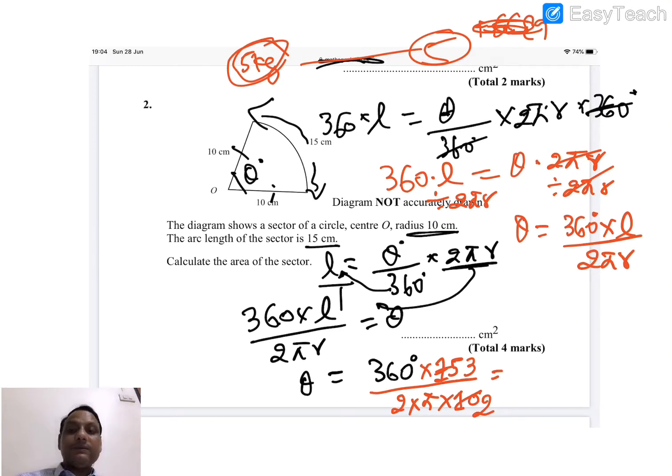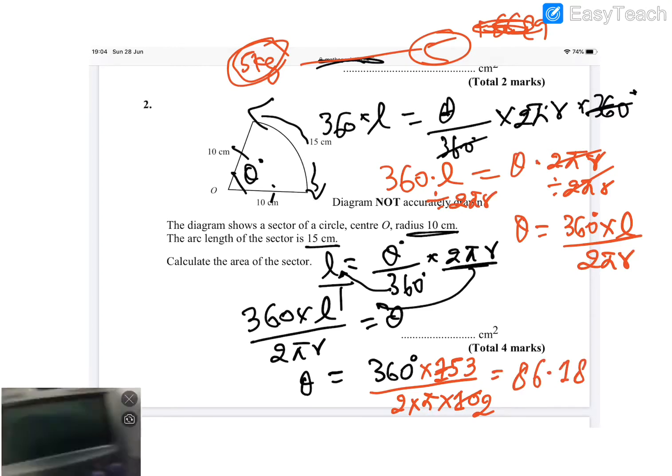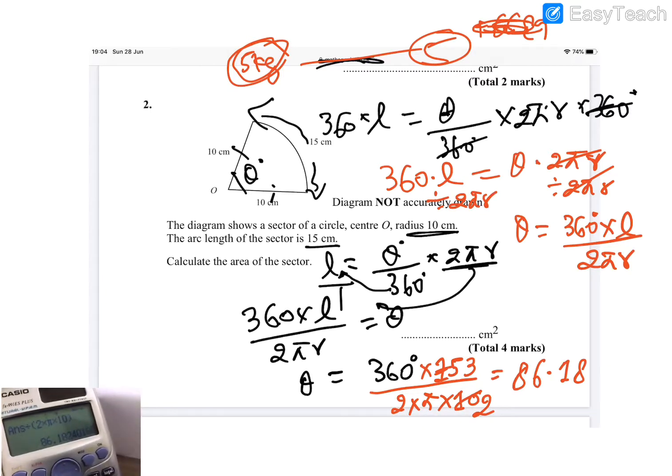All right, so we are going to get the answer here, 86.18. You can all see I typed it in the calculator and got 86.182, so I round up, and it's going to be 86.2 centimeter square.